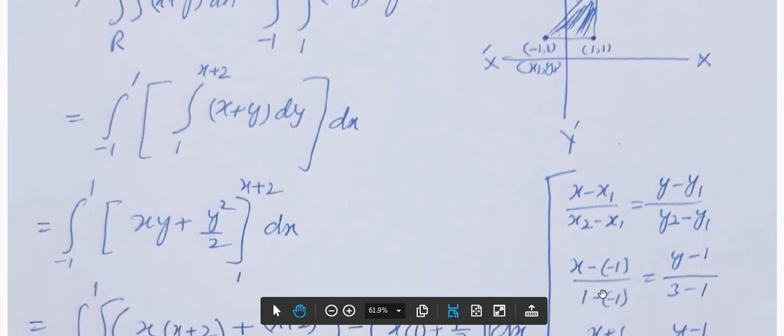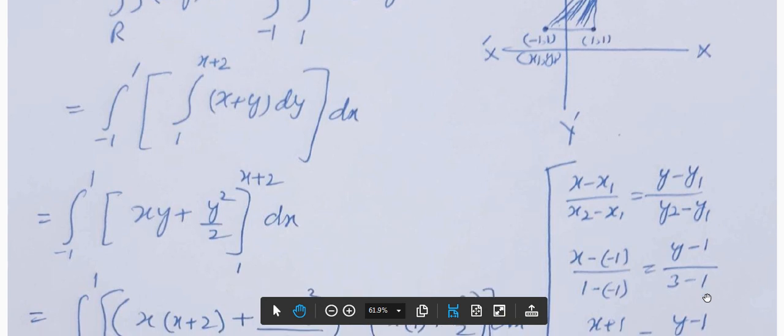So we will get x minus x1, which is minus 1, divided by x2 minus x1, which is 1 minus minus 1, equal to y minus y1, which is 1, divided by y2 minus y1, which is 3 minus 1, and you can simplify this.